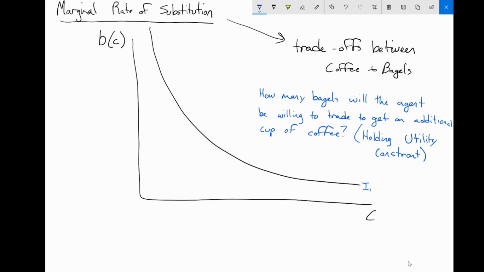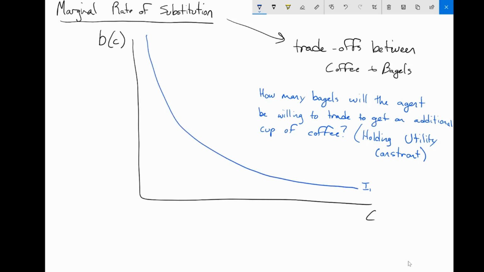All right, remember this indifference curve. I'm going to draw this in blue. This indifference curve is based on the utility function for coffee and bagels. Okay, so how many bagels am I willing to trade to get an additional unit of coffee?